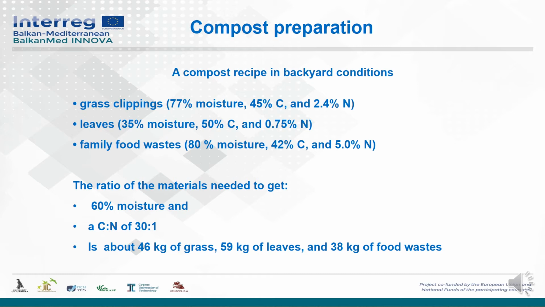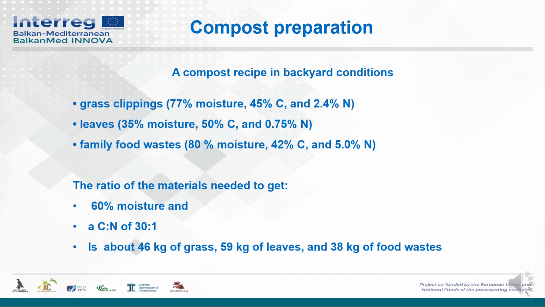One simple recipe is grass clippings with 77% moisture, 45% carbon, and 2.4 nitrogen. What else? Leaves, which have 35% moisture, 50% carbon, and 0.75 nitrogen. Family food waste, 80% moisture, 42% carbon, and 5% nitrogen.